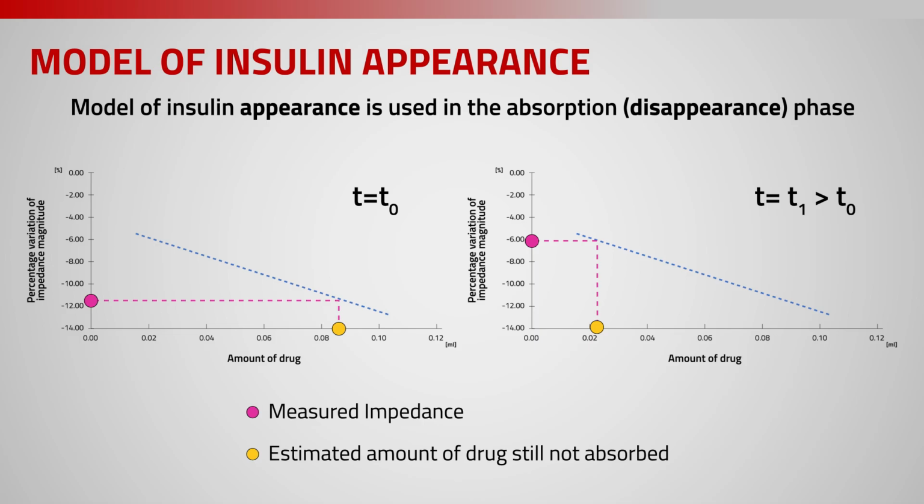Using the comparison relationship, it's possible to estimate around 0.09 milliliter of drug still in situ and therefore not absorbed. At the time t1, an impedance measurement detects a percentage variation of minus 6% with respect to the impedance value before injection. In this case, 0.02 milliliter of drug are estimated to be still in situ. The drug is therefore quite all absorbed.